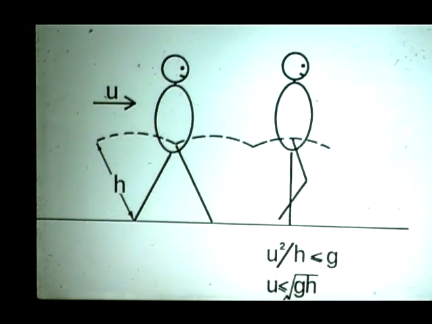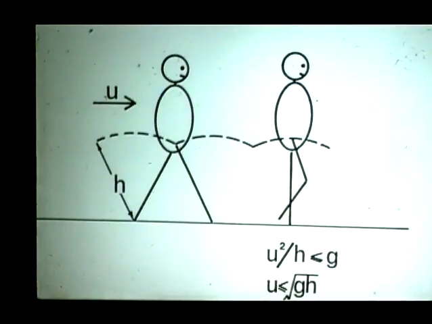Here we've got the model again, traveling along at speed u, and the length of the legs is h. Now remember that the body is moving along through a series of arcs of circles. And remember that when a particle's moving around a circle, it's got an acceleration towards the center of the circle.